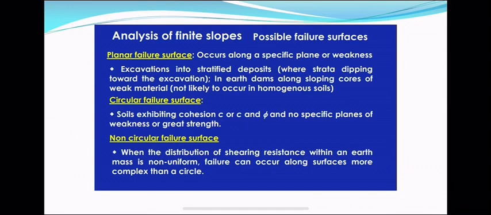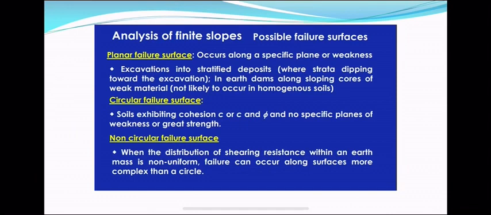So these planar failure surfaces occur along a specific plane of weakness, and the circular failure surface is for soils exhibiting cohesion c, or cohesion c and friction angle phi, and no specific plane of weakness or great strength. So this takes the form of a circular failure surface.